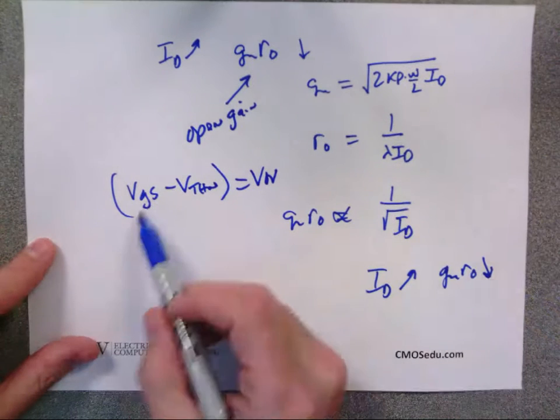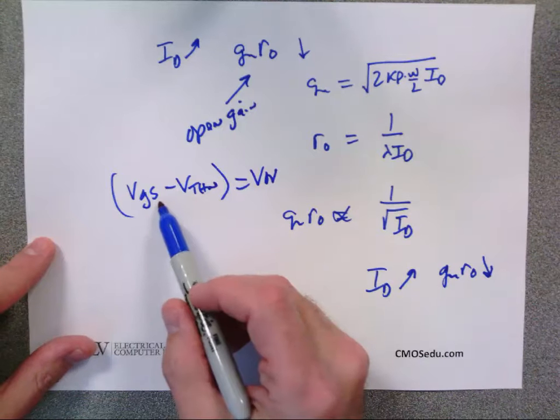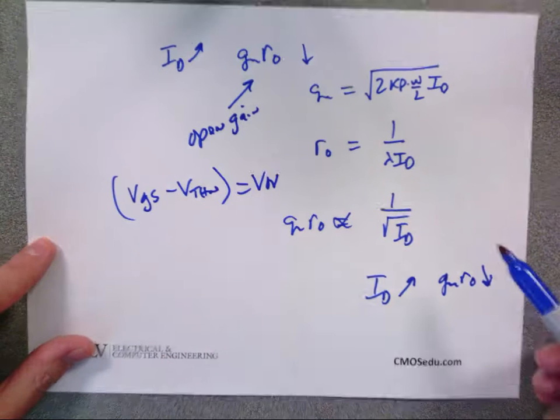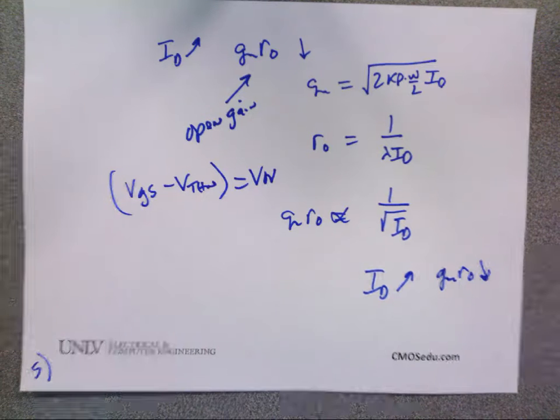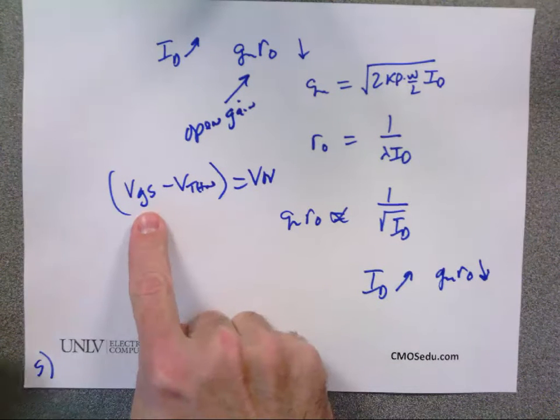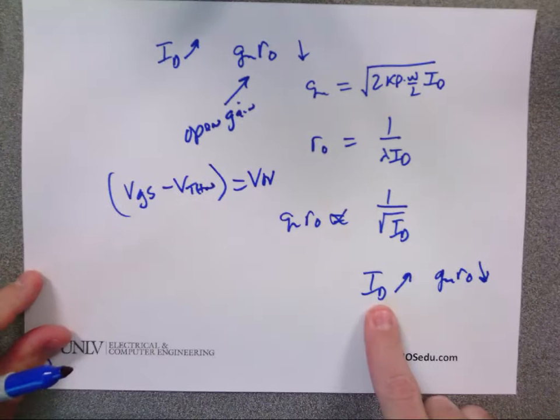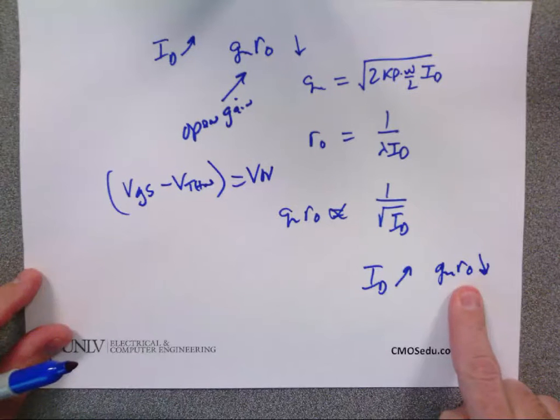If I increase the overdrive, if I increase VGS, this is the amount that I'm above the threshold voltage. If I increase this, what happens to the drain current? If I turn the faucet on more, what happens to the water flowing in the hose? It goes up. So if I increase the overdrive, what happens to ID? What happens to GM R out? It goes down, yes.